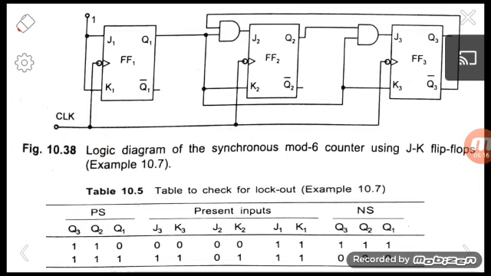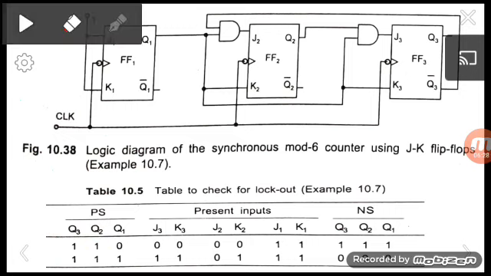Okay, so for that, first we are considering the first invalid state, that the present state is 110.